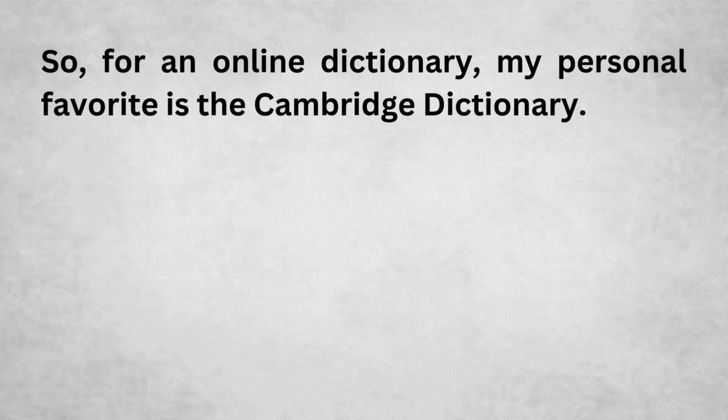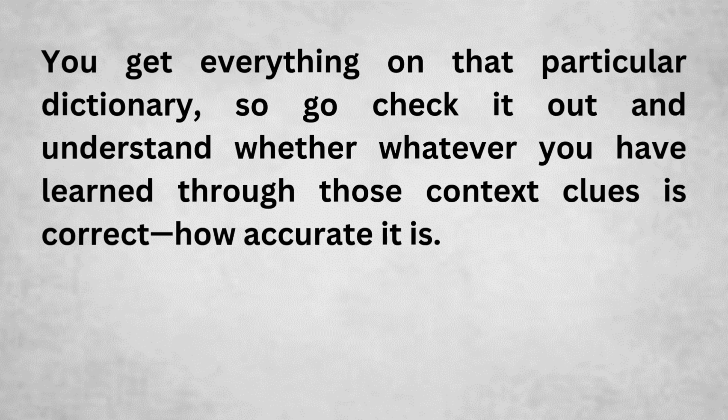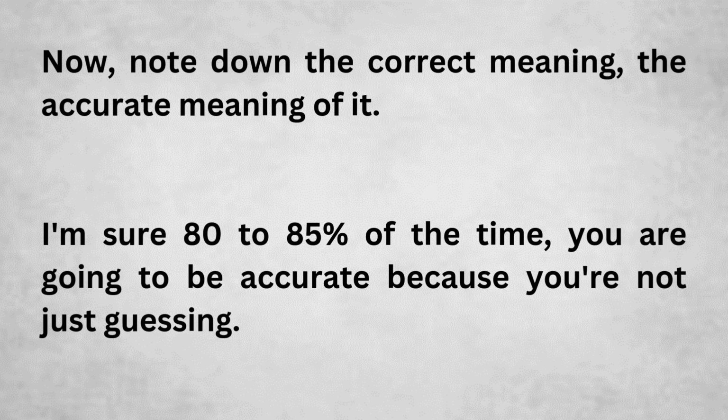For an online dictionary, my personal favorite is the Cambridge Dictionary. You get everything on that particular dictionary, so go check it out and understand whether whatever you have learned through those context clues is correct, how accurate it is. Now, note down the correct, accurate meaning of it. I'm sure 80 to 85% of the time you are going to be accurate because you're not just guessing.